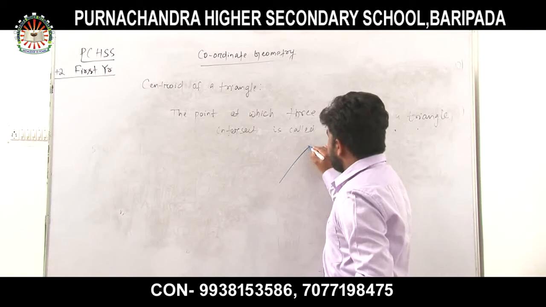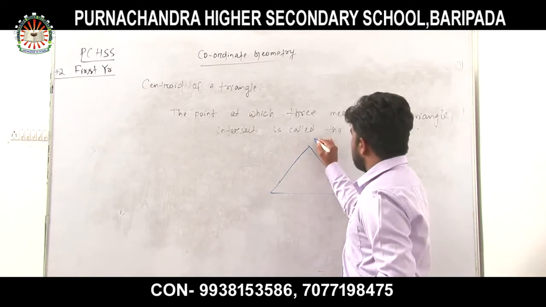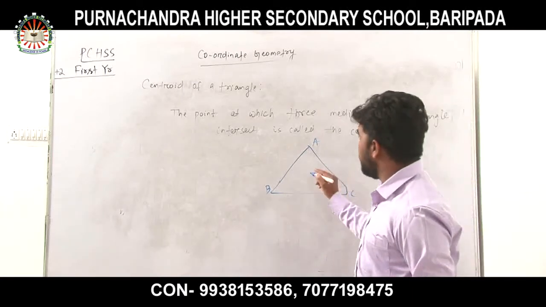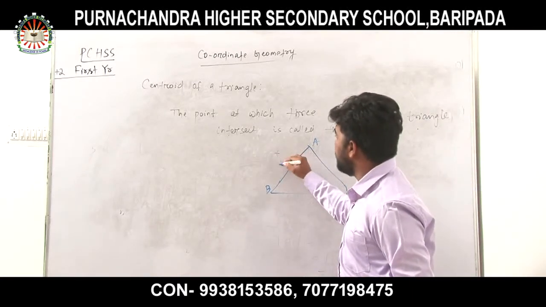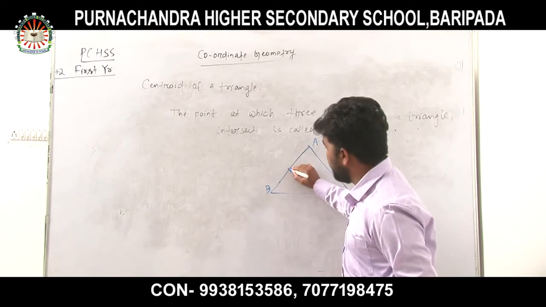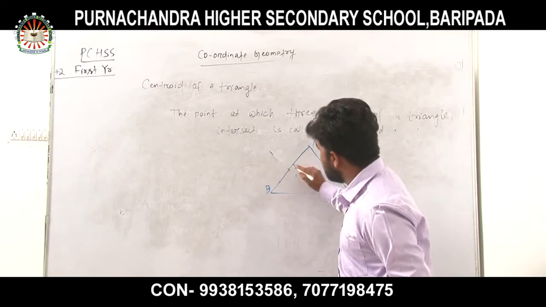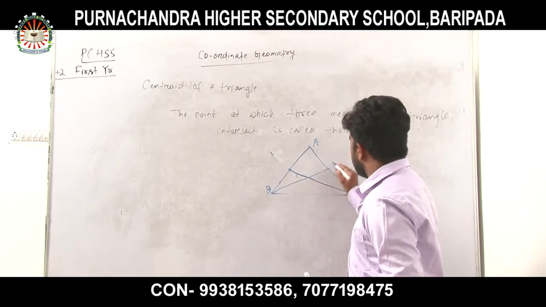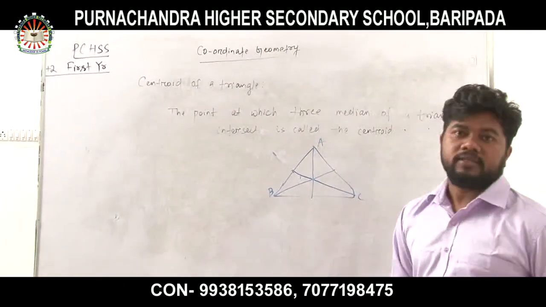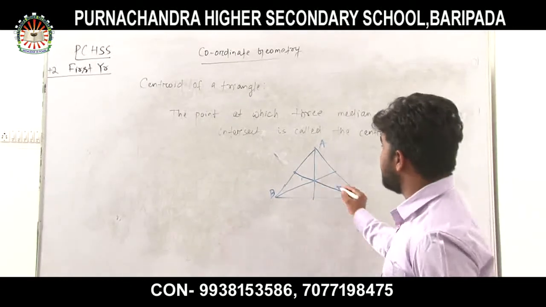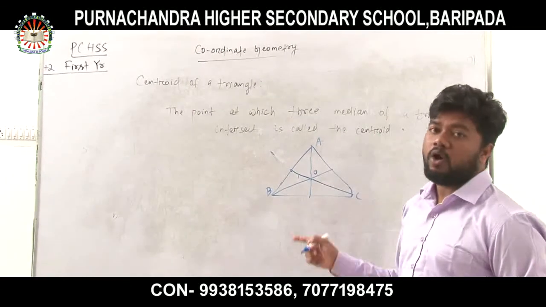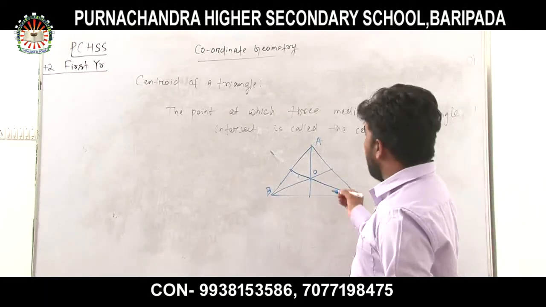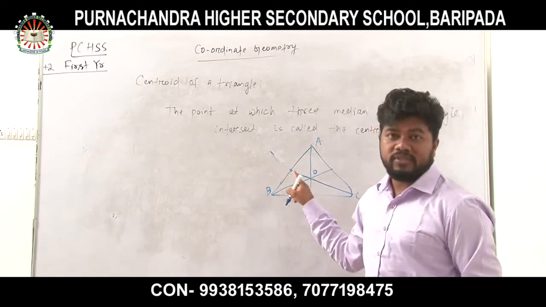Let ABC be a triangle. This is your triangle ABC. The median goes from a vertex to the midpoint of the opposite side. These are the three medians. The intersection point is O, and O is called the centroid of your triangle. How do we find the coordinates of this centroid?